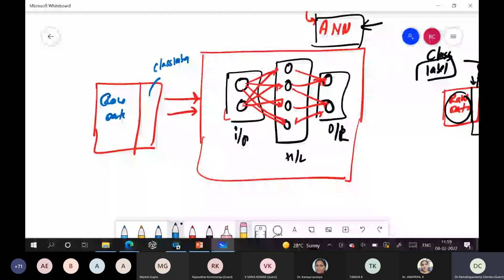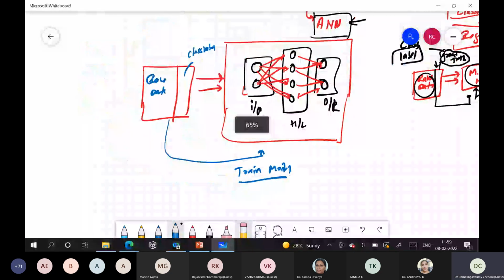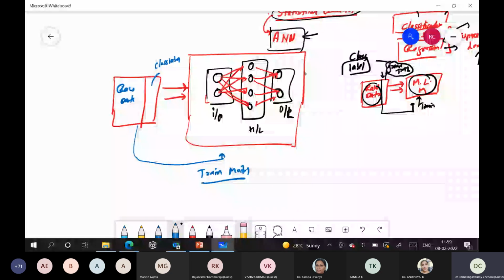If this data is given and you train this model using some training algorithm, I'm not discussing what kind of algorithms here, your objective is to classify whether it belongs to class 1 or class 2, such as one class or no class, diabetes positive or negative, something like that.